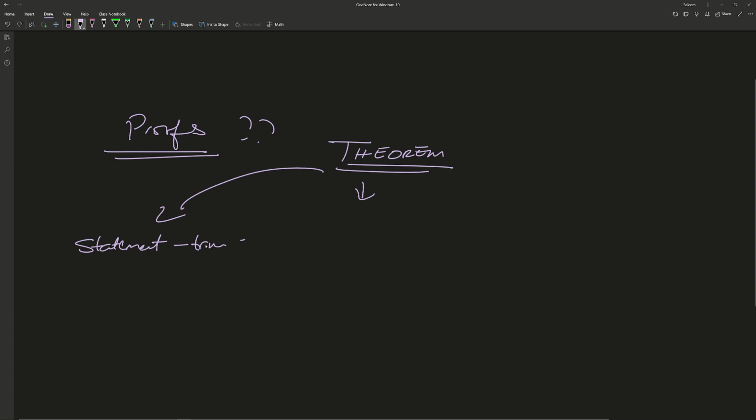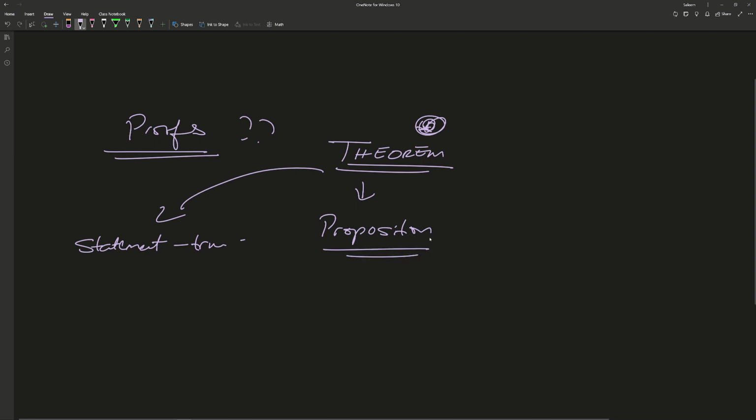So we reserve this word, theorem, to really mean something that is very, very important, right? So let's put a star here by this. Something that is less important than a theorem, but is still needed, is something called a proposition.